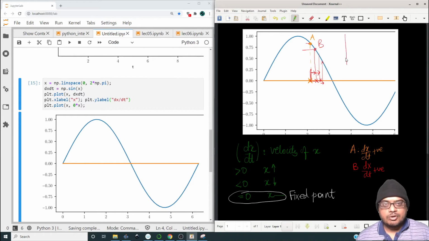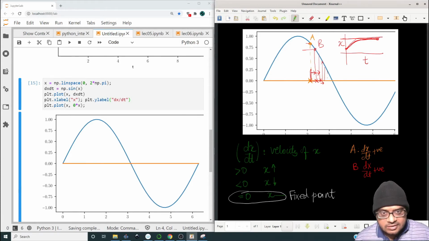So if I were to plot x versus time, if it started at this position, x would increase, but at each point the velocity, which is dx/dt, that is the slope, would keep on reducing. So you expect this kind of behavior. And it is sort of reaching the asymptotic point.